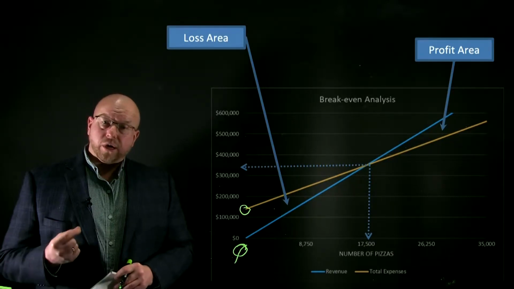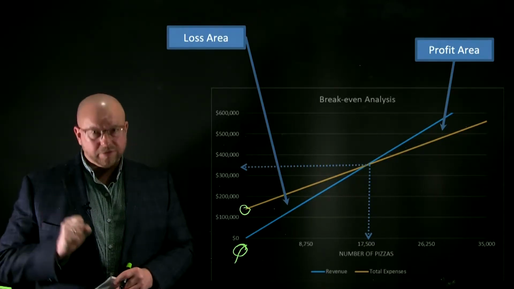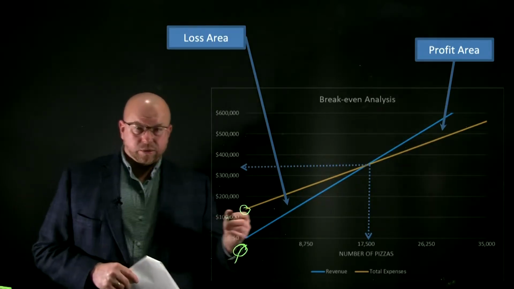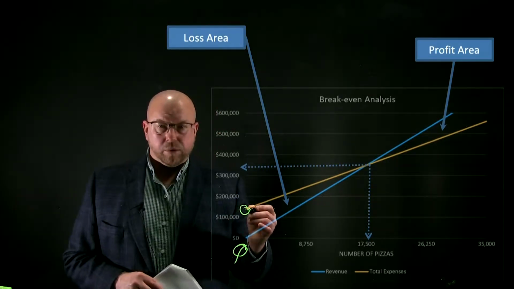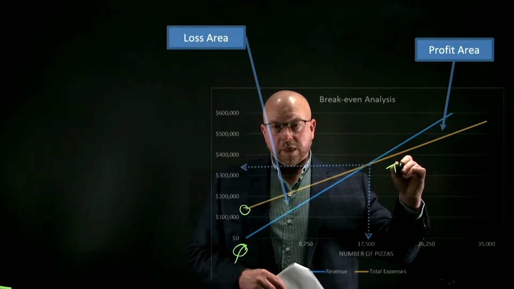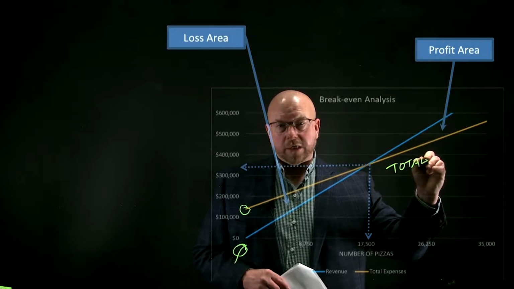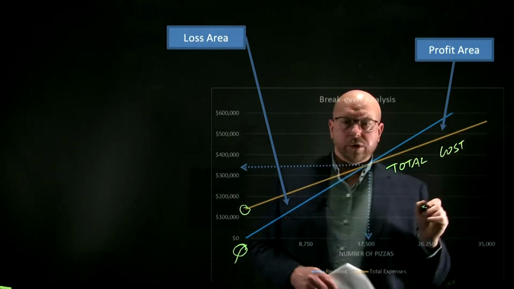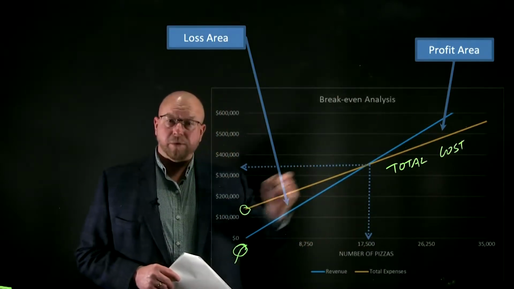So those fixed costs are going to exist within the relevant range regardless of whatever activity we have. So that's really the jumping off or the starting point for our total cost line. So this total cost line increases at a rate of our variable costs. Okay, variable cost per unit. That's going to be the slope of that line.